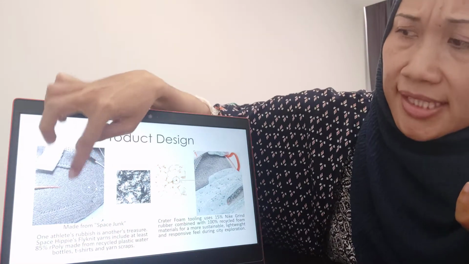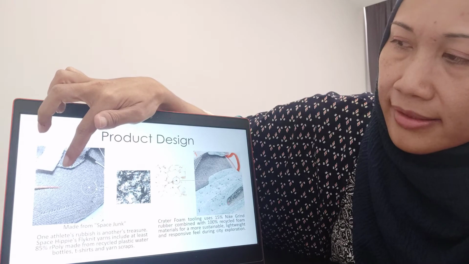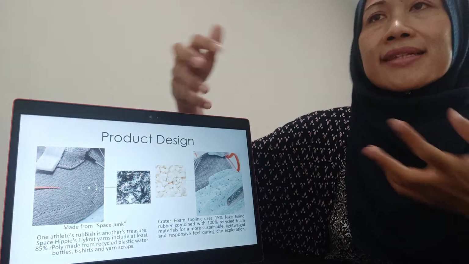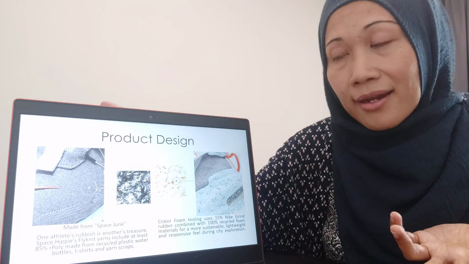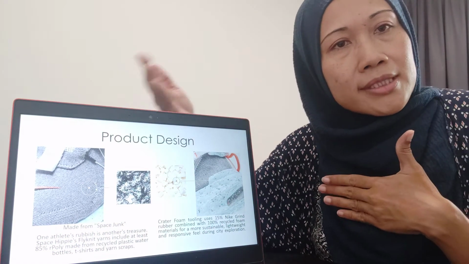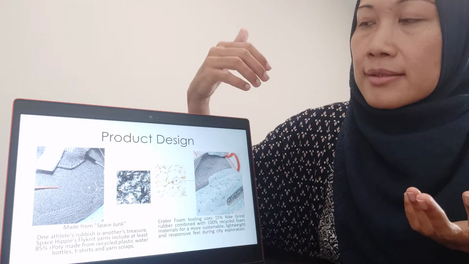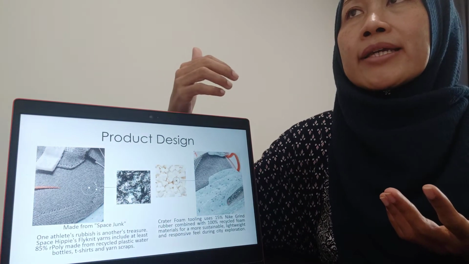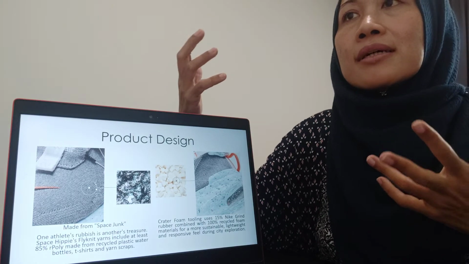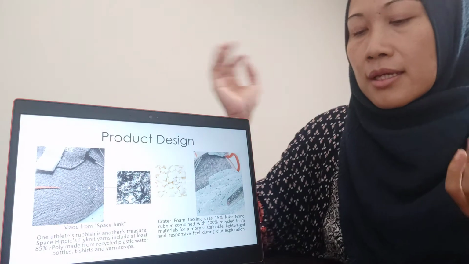So you can see the material is a bit rough here. Does it look comfortable to wear, or do you think discoloration will happen in the long term or short term? So these are the technologies used, based on, what you call it, the design for environment.